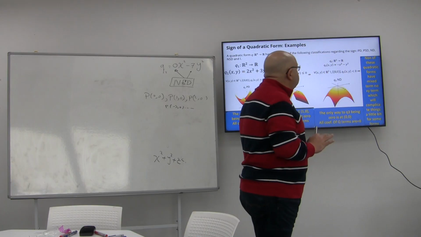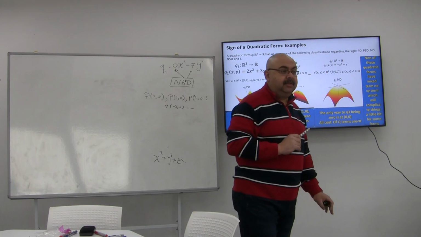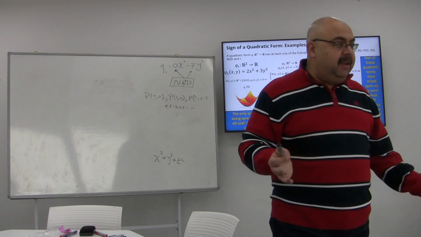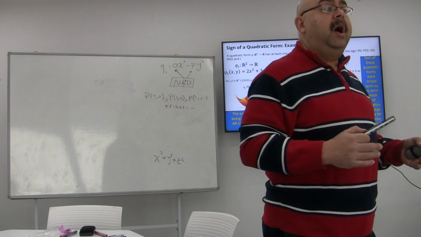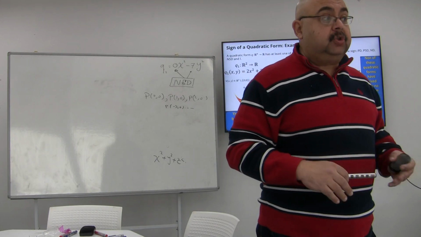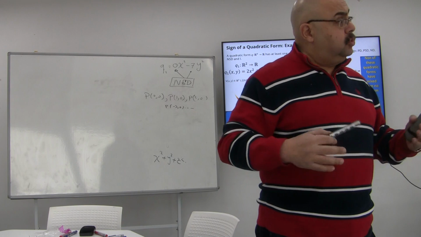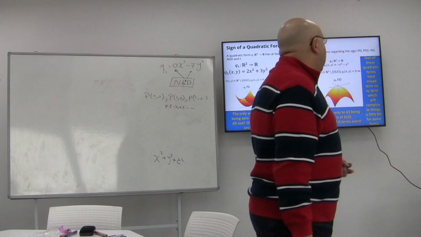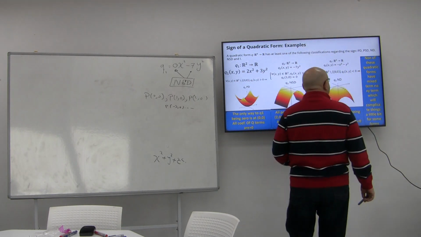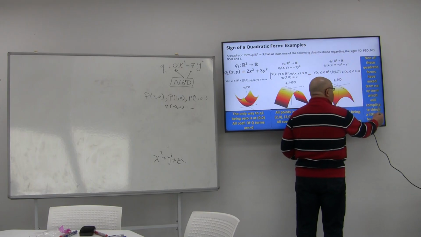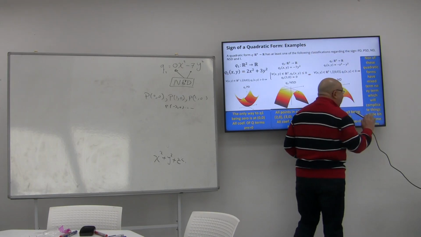Remark, none of these quadratic forms have mixed terms. Do you have any mixed terms? This is why it's very simple to make your decision and be sure about it. Once you start to have mixed terms, it's going to complicate things a little bit.